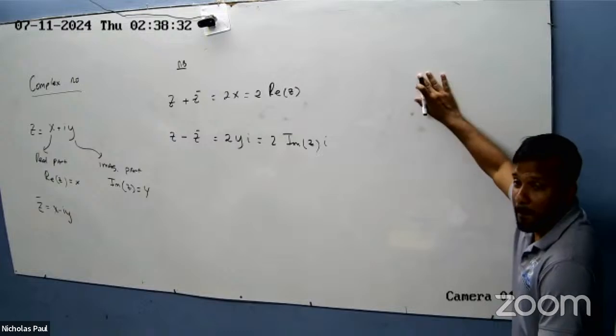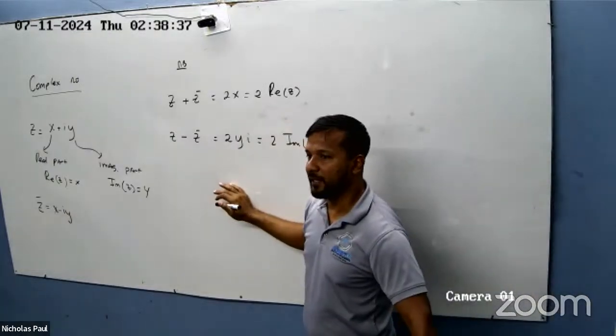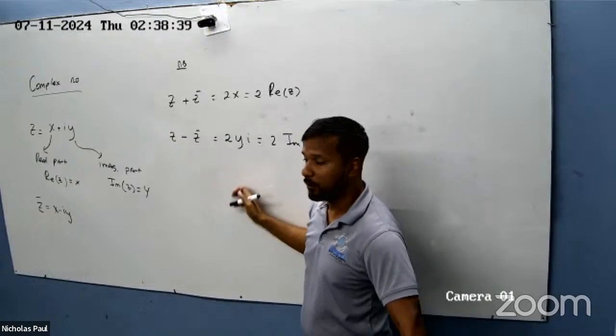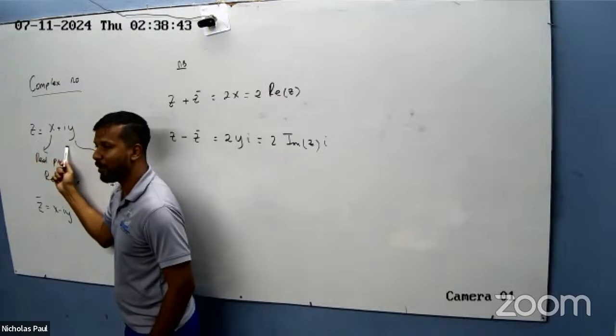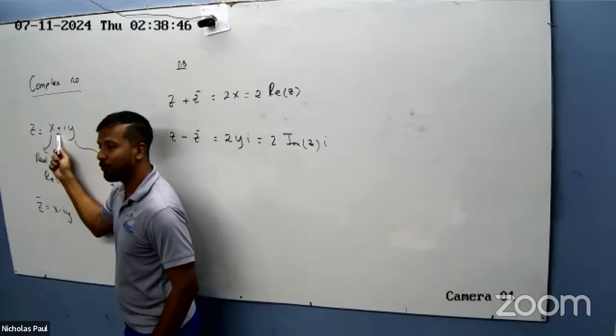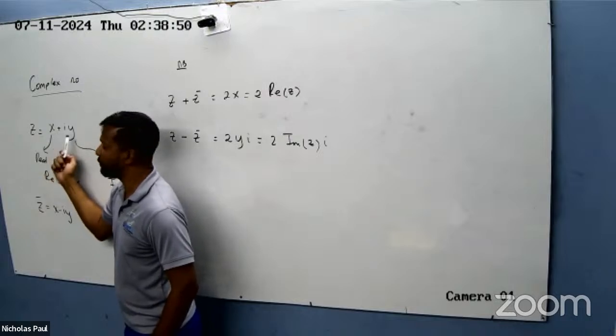All right. Okay, so these are some of the things that we did, and then we looked at how to find the square root of a complex number. Today, we're going to take a look at how to take this complex number that is in the Cartesian form and convert it to the polar form and the exponential form.